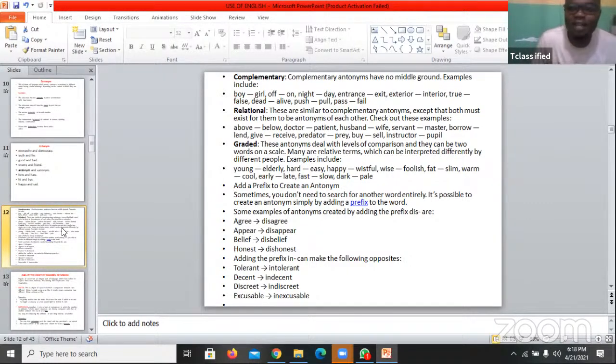Then we also have agree or disagree, believe or disbelieve, honest or dishonest. You have tolerant or intolerant, decent or indecent, discreet or indiscreet, excusable or inexcusable. So you can have antonym that you get by adding the prefix in, or by simply adding this to the word. You can have the antonym.